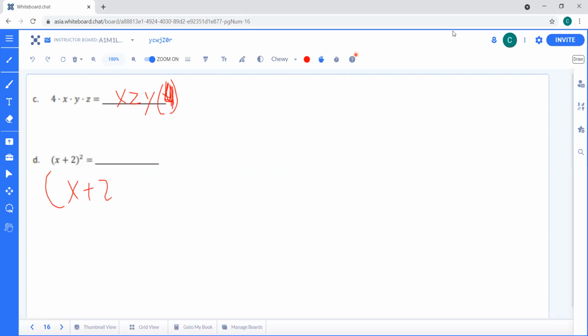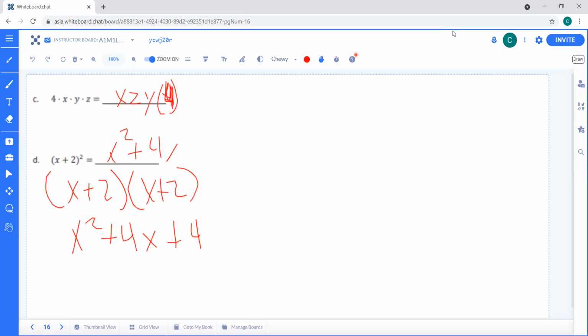So x plus 2 times x plus 2. That'd be x squared plus 4x plus 4. So if we were to write that in there, that would make both sides equal each other, which would give us all real numbers.